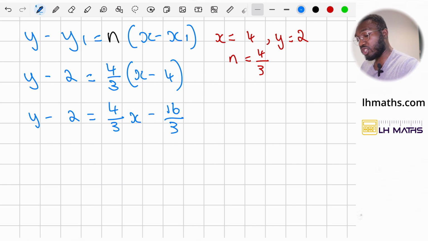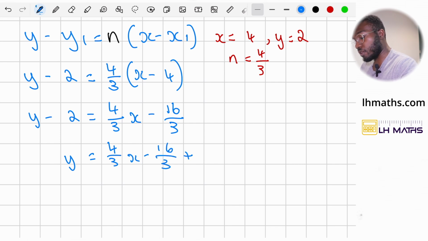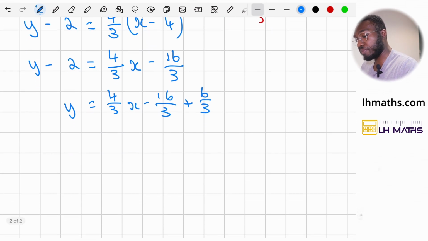Then if we bring the 2 over to the other side, that'll be y is equal to 4 over 3x minus 16 over 3, and because we are going to change that into a fraction over 3, plus 6 over 3.